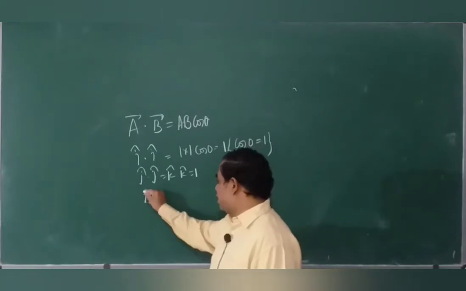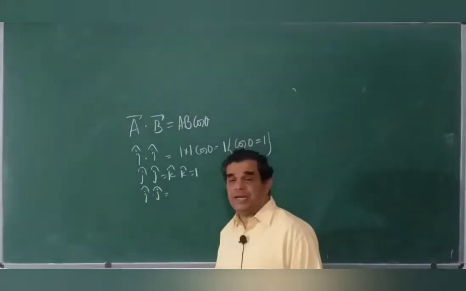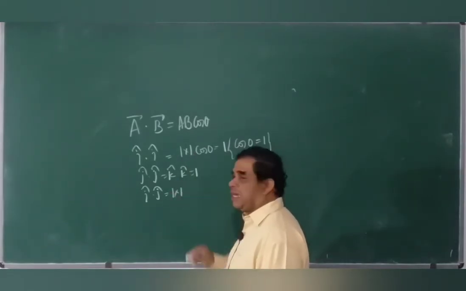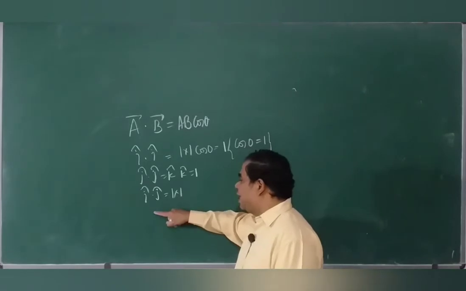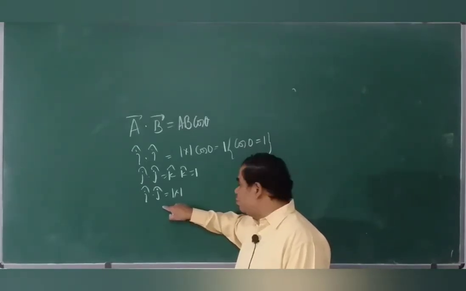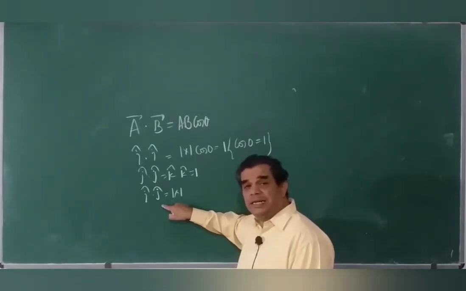In the same manner, i dot j, what is it? We apply it. i is 1, j is 1 in magnitude, but i is along the x-axis, j is along the y-axis. What is the angle between them? x and y make 90 degrees.